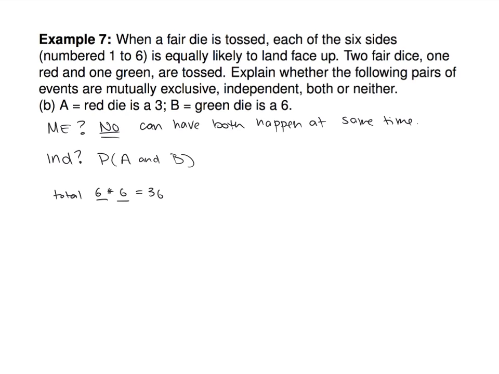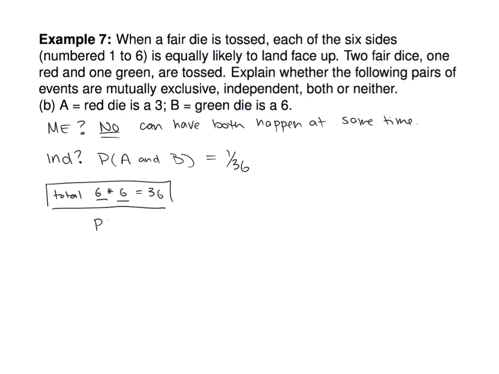We're going to list most of them. And of those combinations, how many are going to be red is 3, green is 6? I think just one of them, because we're counting them in order. We're not going to count 6, 3. Does that make sense? Just count 3, 6. That would be 1 out of 36. We'll talk about how to list that in the next example, I promise. So that's the work for figuring out that it was 1/36.